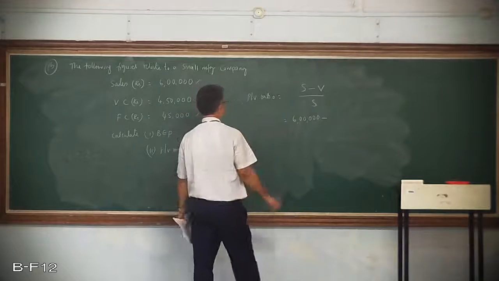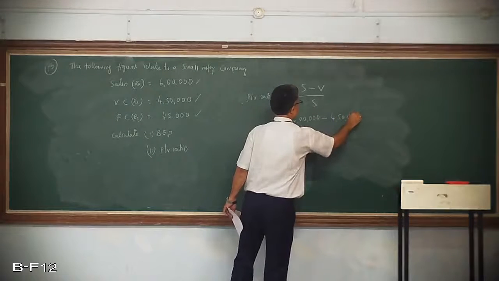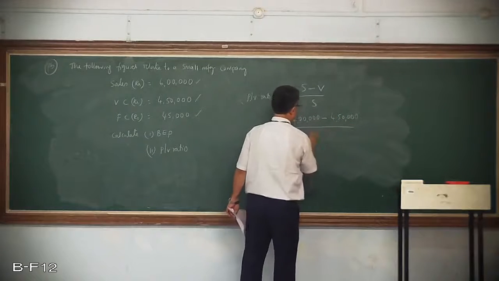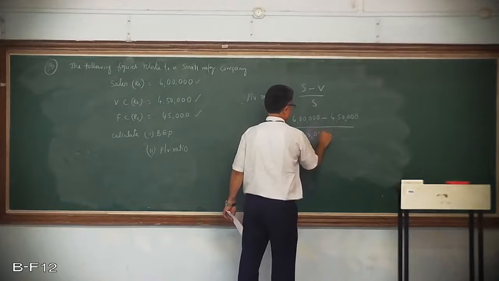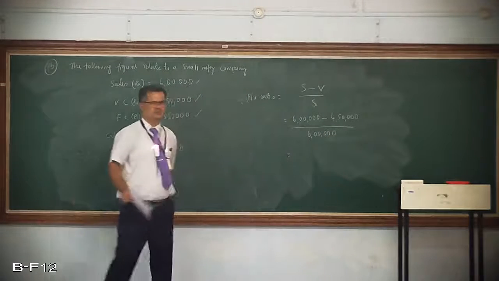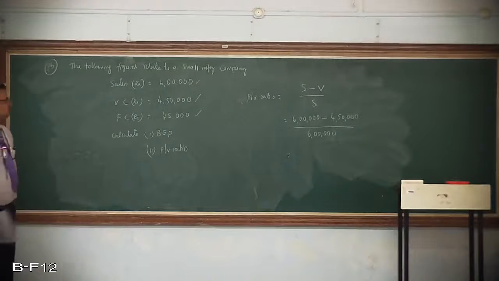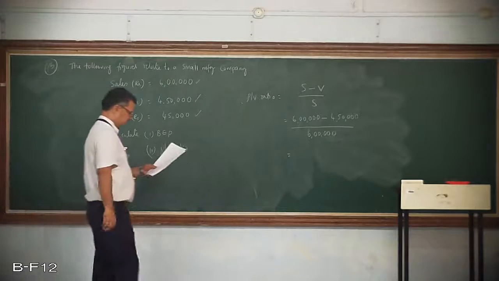Sales minus variable cost, 4,50,000, divided by sales. It's S minus V by S. We want to get the PV ratio.